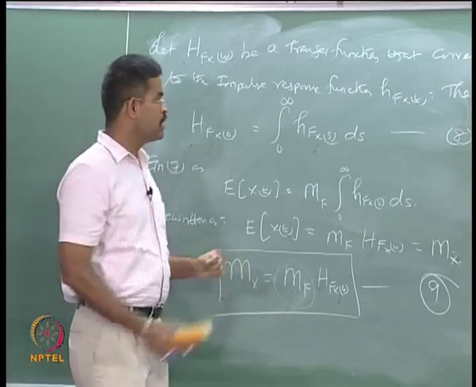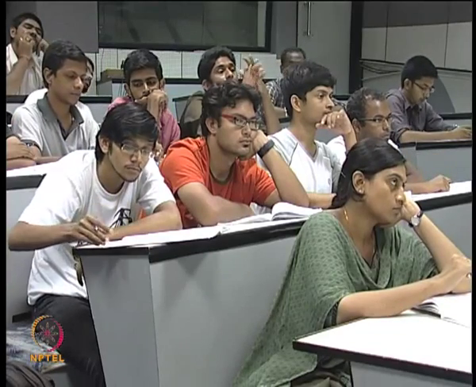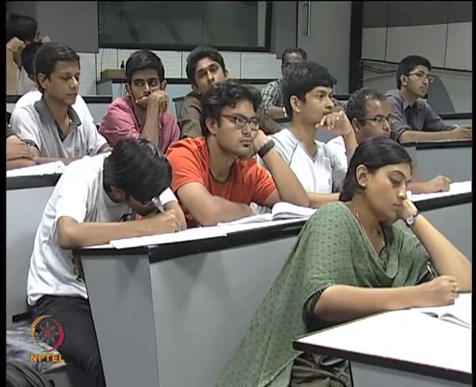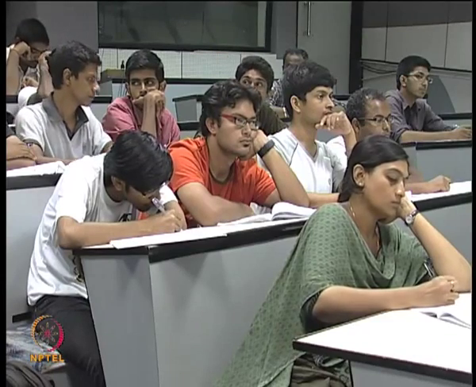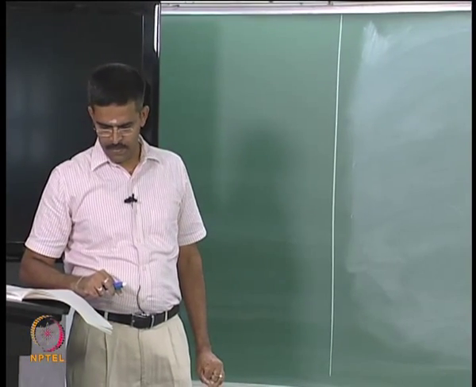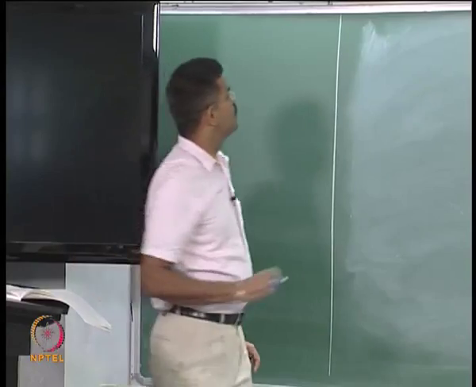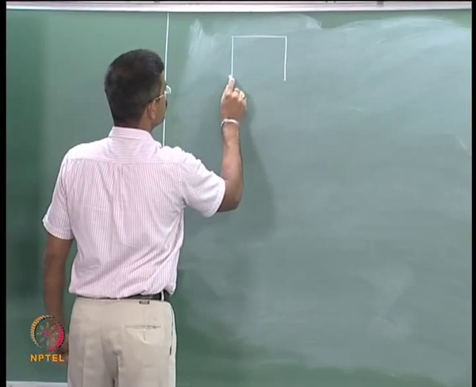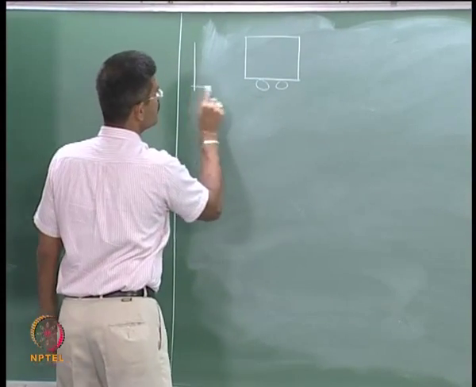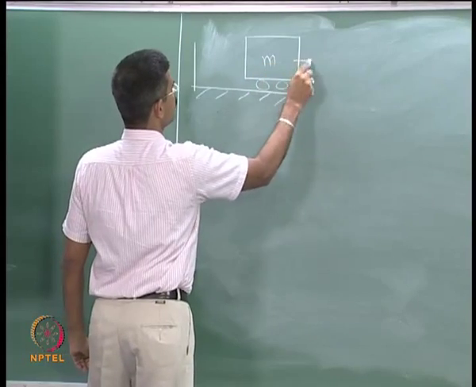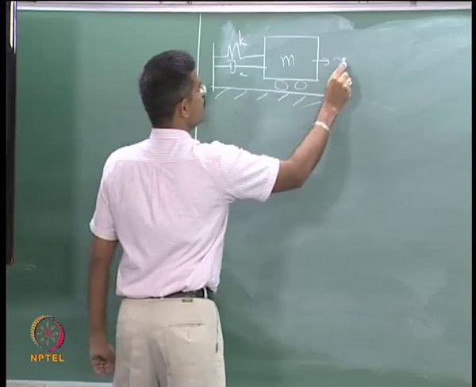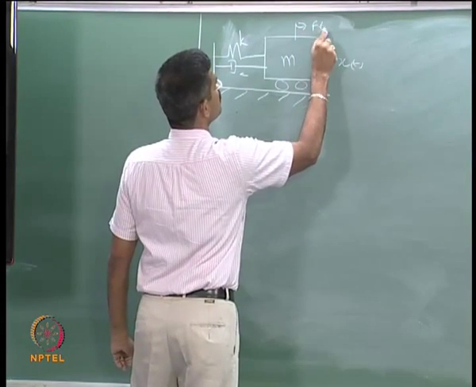Let us pick up a single degree of freedom problem quickly with a damped system and see how I can derive the transfer function for that particular problem, then from that how I get the response spectrum. So I have a single degree of freedom system with K, C, x of t and f of t.